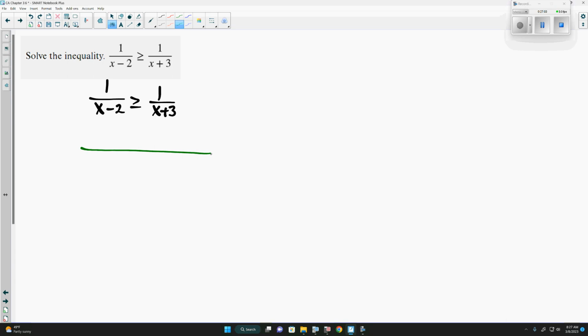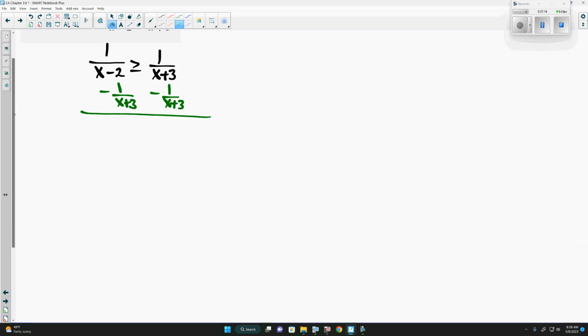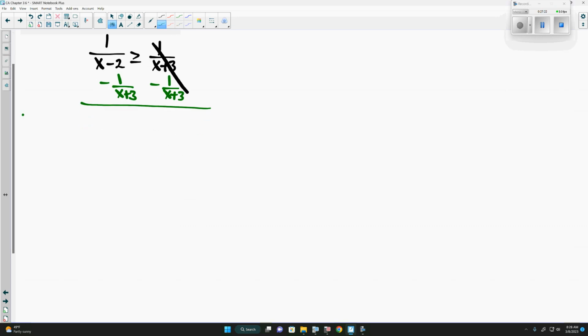It doesn't matter which way we go, because I could subtract the 1/(x - 2) from both sides, or I could subtract the 1/(x + 3). Well, I'm just going to subtract the 1/(x + 3). It really doesn't matter which way we go. Because here, the right-hand side will become 0.